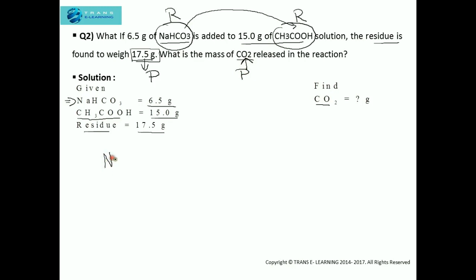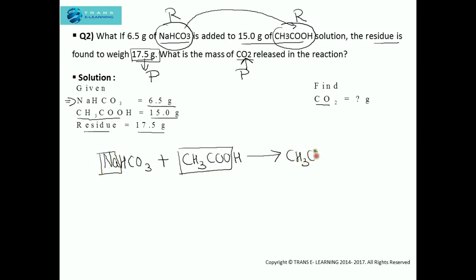It will be NaHCO₃ plus CH₃COOH. Now, as per this equation, the CH₃COO reacts with Na to form CH₃COONa plus, and this one and this one will form H₂CO₃, which is carbonic acid.